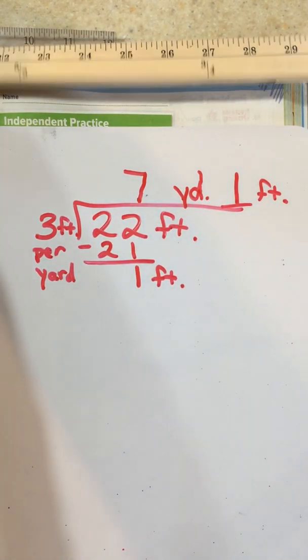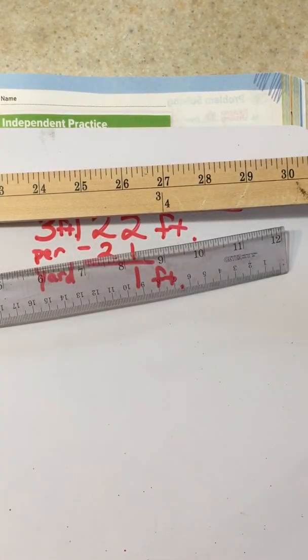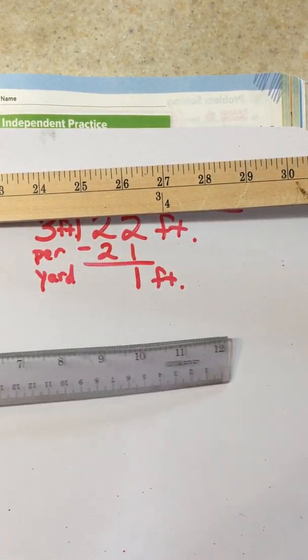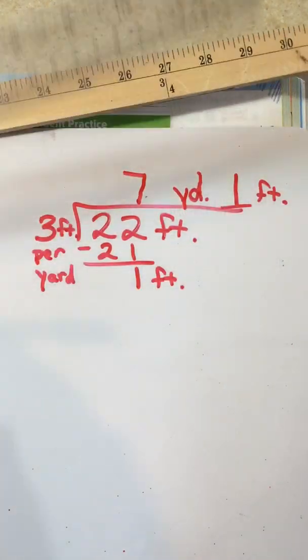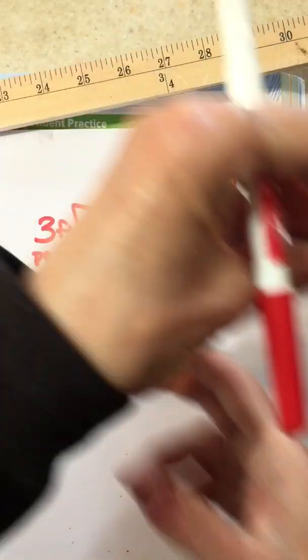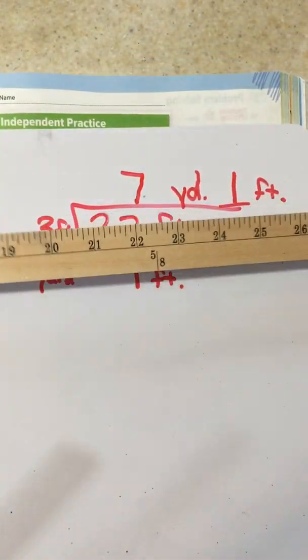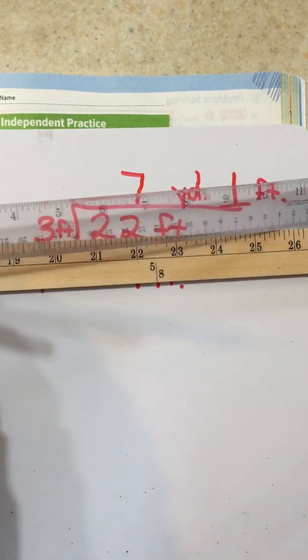I'm looking for my clear ruler. It'd be 7 yardsticks with 1 clear ruler left over. I'm trying to give you a visual. 7 yards and a foot are in 22 feet. So you'd either need 22 of these rulers end to end, or you might prefer to use 7 of these yardsticks with an extra foot.